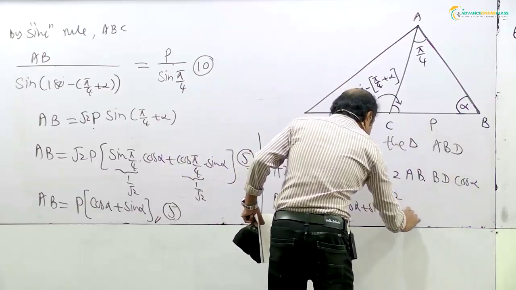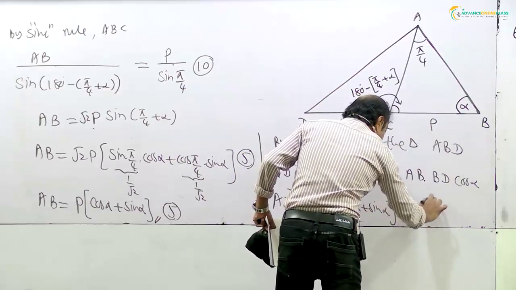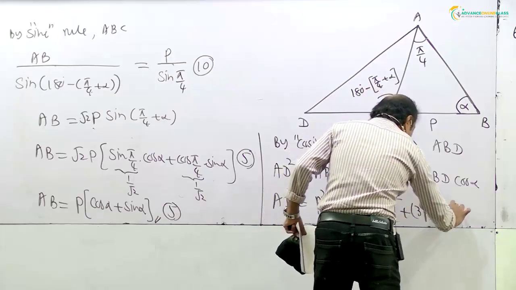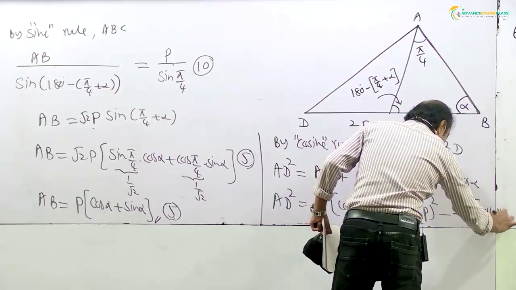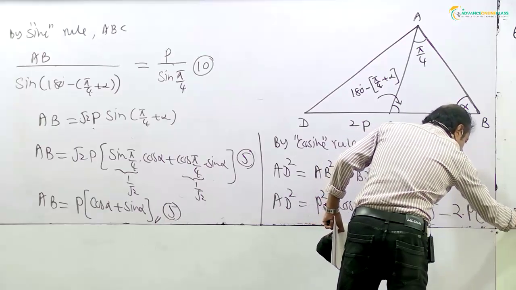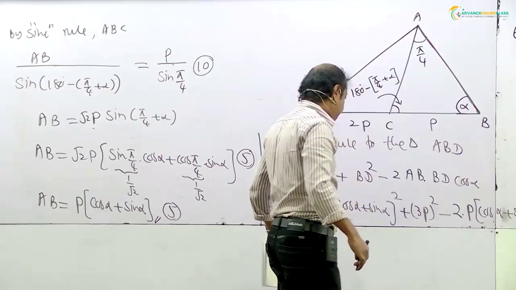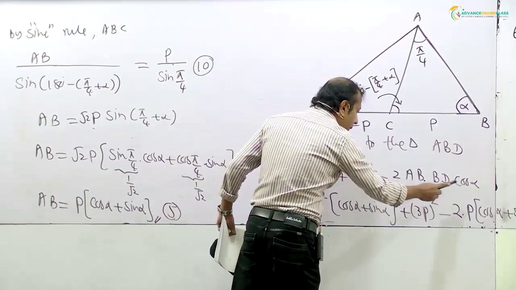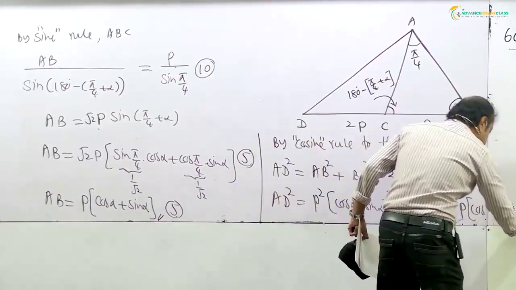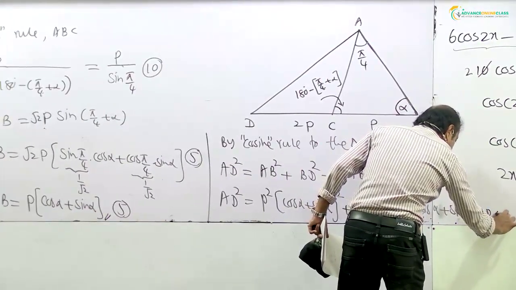BD is 3P. 3P perfect squared minus 2 times P times cos alpha plus sin alpha. Now, 2 times, I substitute AB, BD 3P, cos alpha.